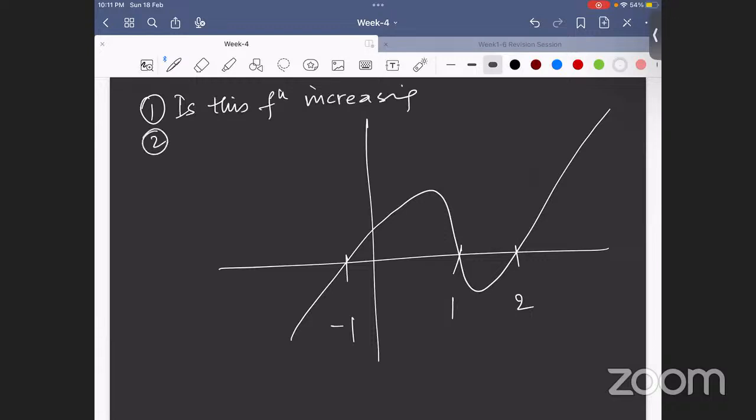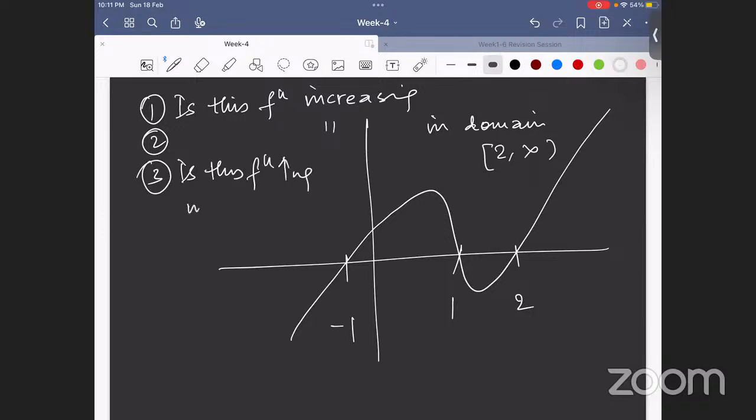The second question: is this function increasing in the domain 2 to infinity? Is this function increasing in the domain -infinity to -1?